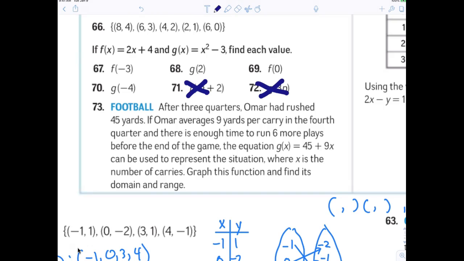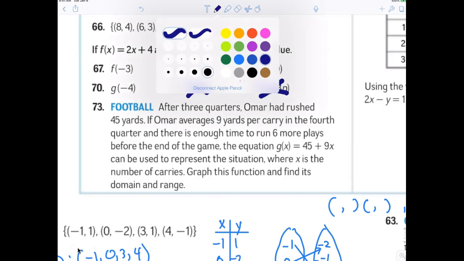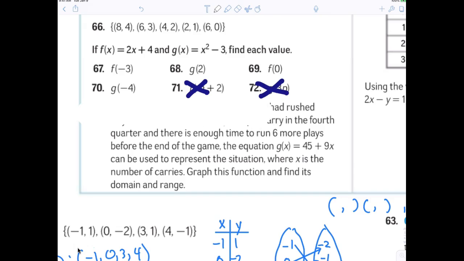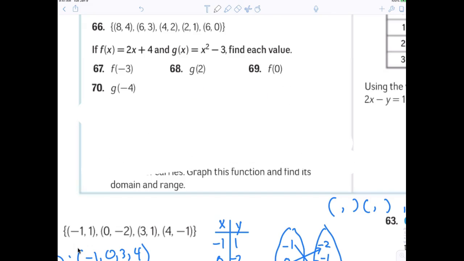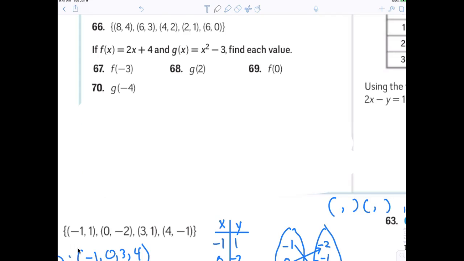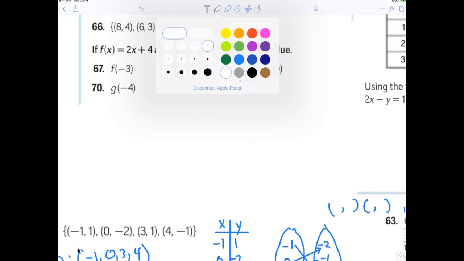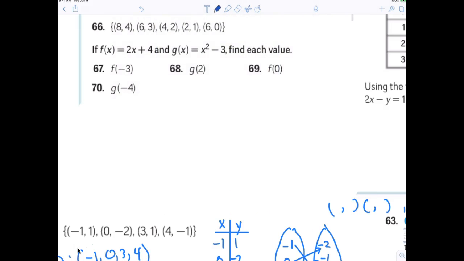So what I want to do right now is clean this up for myself. Now, I need your attention here. So, f of negative 3. That means x equals negative 3. What is y?